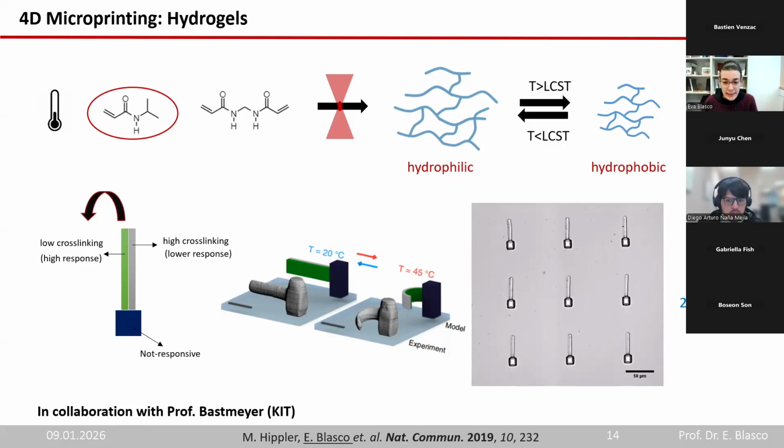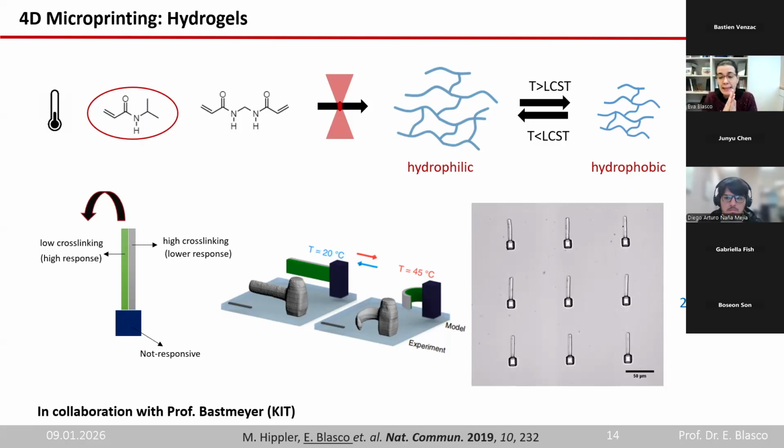So what we did at that point with Mark Hippler, now a co-worker at Nanoscribe, was to use these capabilities and print a structure. Starting from the same material, the same mixture of monomer and crosslinker, we play with the laser power, which some people call gray tone lithography, and we print a pillar, here in blue, very highly crosslinked, so crosslinked that it is not responsive, and then a bilayer, a beam, that has two different powers.